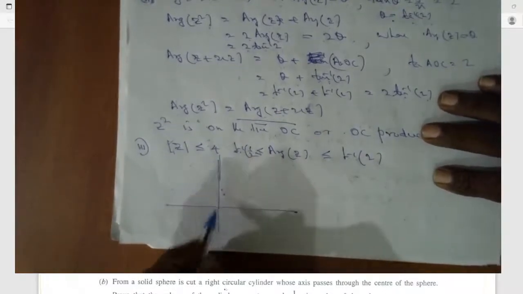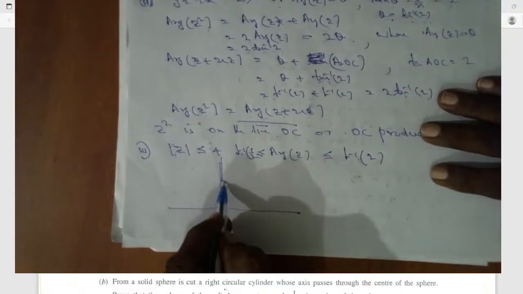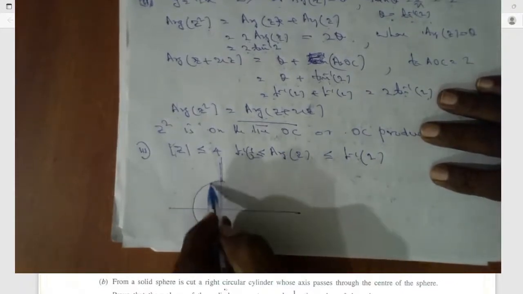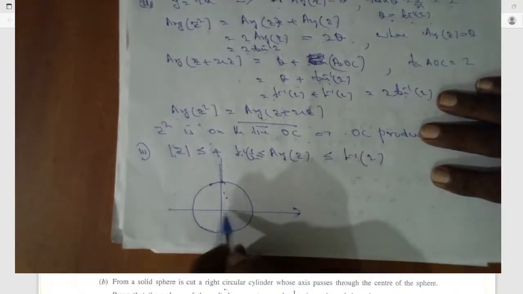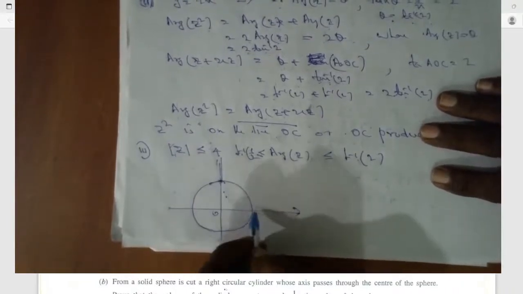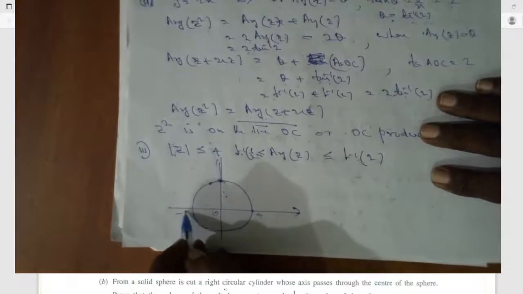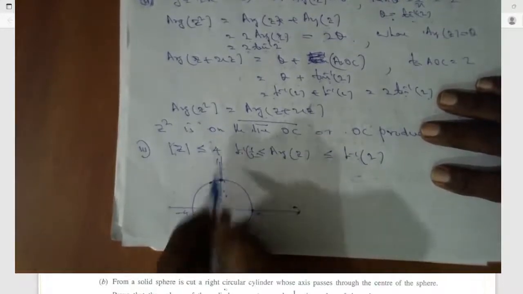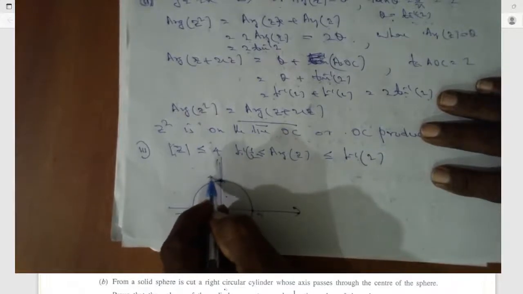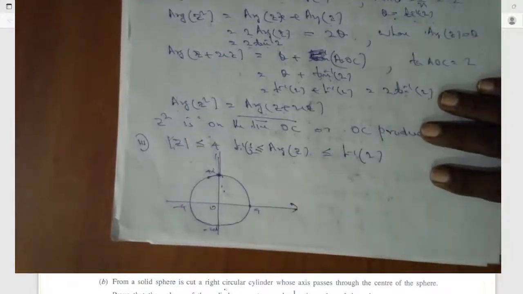A circle with the origin as center and radius 4. Right, this is 4, here minus 4, here also minus 4, 4i here, plus 4i, like that.